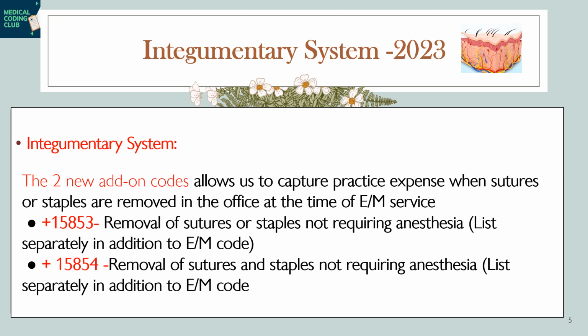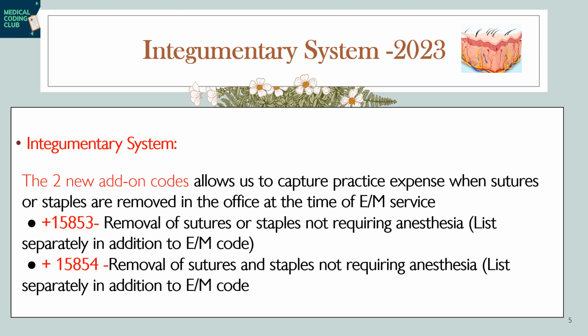Under the integumentary system there are two new add-on codes which allow us to capture practice expense when sutures or staples are removed in the office at the time of E&M services. Add-on code 15853 says removal of sutures or staples not requiring anesthesia, list separately in addition to evaluation and management code.